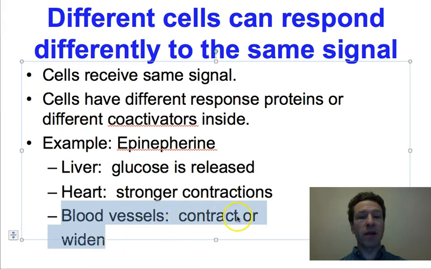For example, around the digestive system, they might contract because digestion is not important in the short term, but going to muscles, and let's say in your legs, they may widen so your leg muscles can get more oxygen so you can run away faster. So we're seeing three different responses here in different parts of the body, all from the same ligand. And what we'll see is that this can happen because each of these cell types have different response proteins inside that are going to lead them to be doing different things when epinephrine is received.